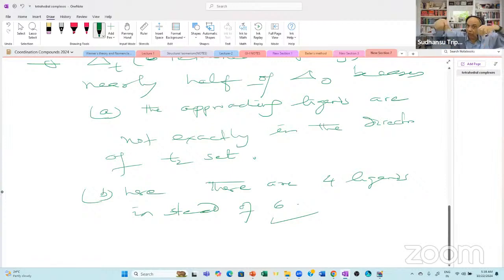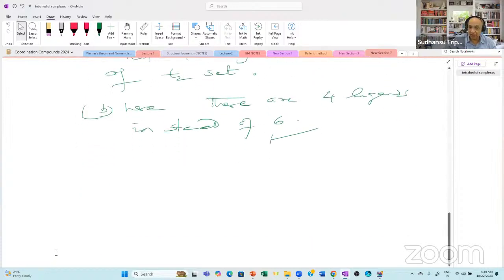Here 4. And moreover, in octahedral field, the ligands are approaching directly along the direction of the axis, which affect the Eg set to a great extent compared to those which are lying in between the axis. So splitting is more. But here, in both the cases, it will be weaker. As a result, it is half.